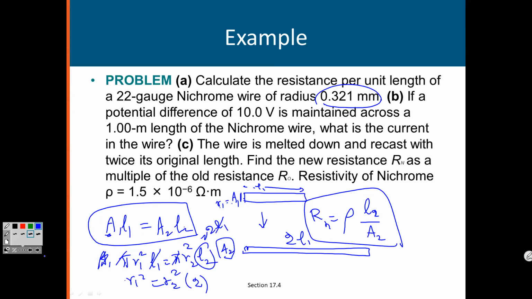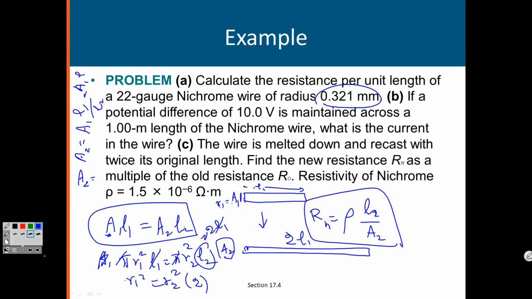So I can write A2 is equal to A1 L1 over L2.